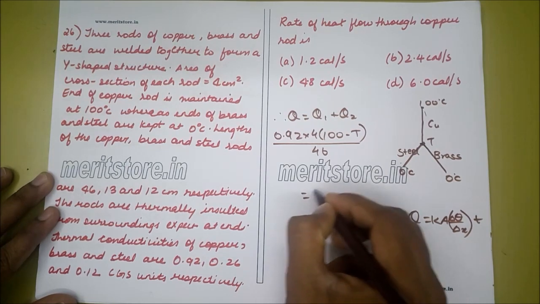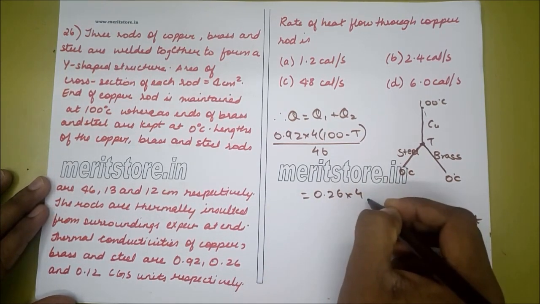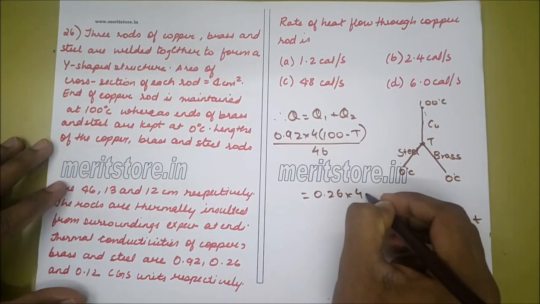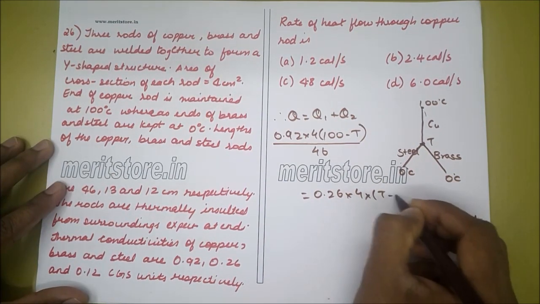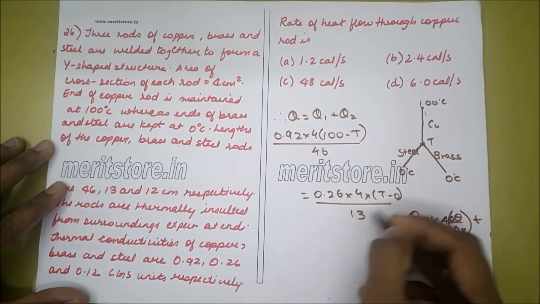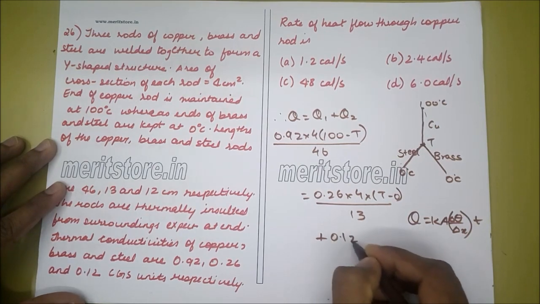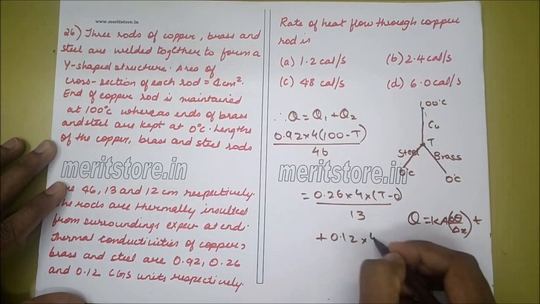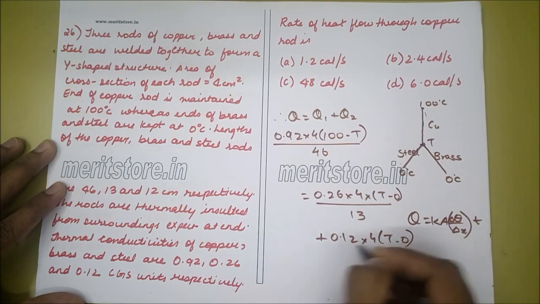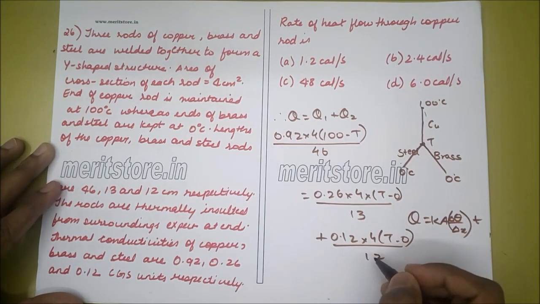This is equal to 0.26 times 4 into T minus 0 upon 13, this is for brass, plus 0.12 into 4 into T minus 0 upon 12, this is for steel.